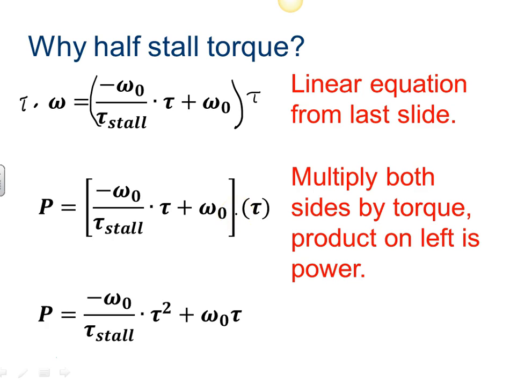And what we end up with is that power is equal to a constant multiplied by tau squared plus an omega naught tau. Since we're in the form of a square here, this is a function that you would have covered in algebra, and it is a quadratic.